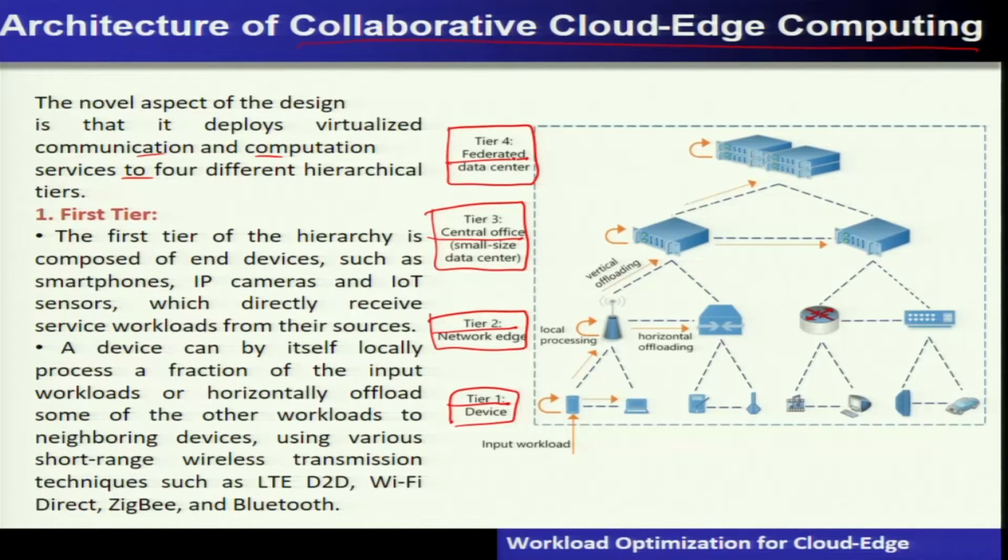We can understand that a federated data center is often a cloud, and this data center is also a type of cloud, or you can say that it is a federated cloud.